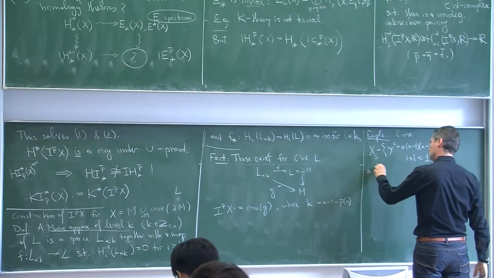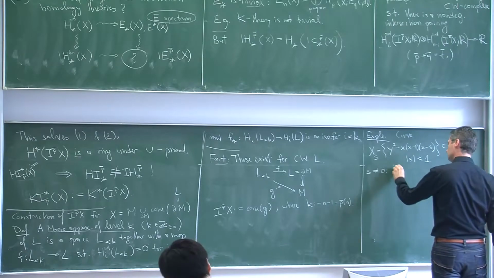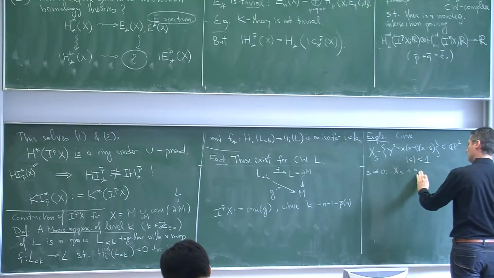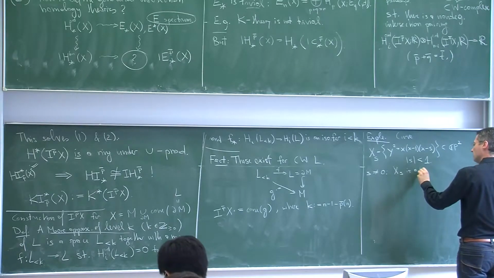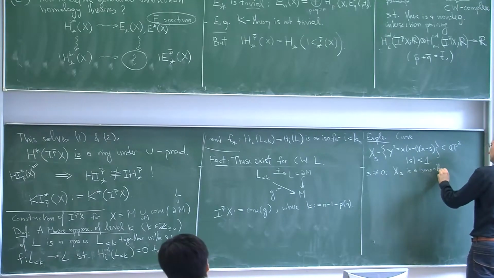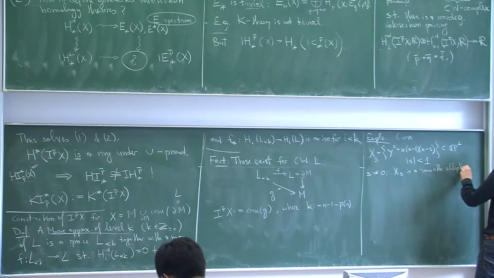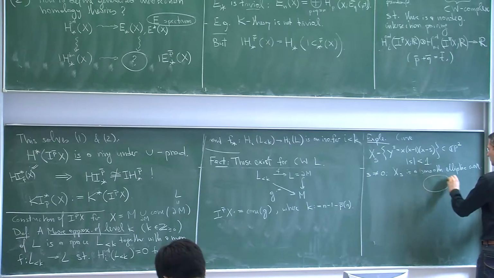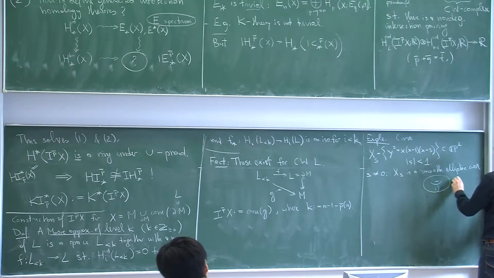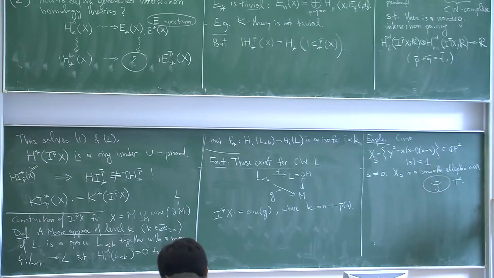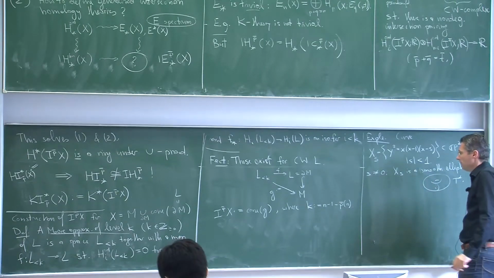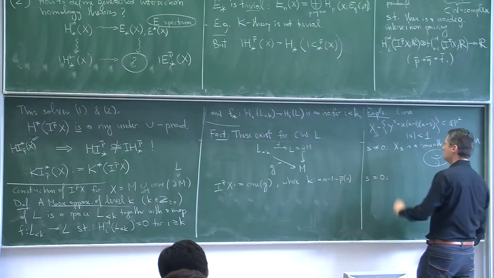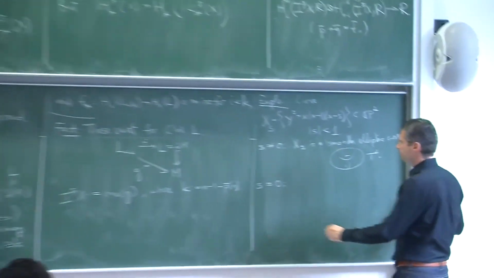When s is not 0, X_s is a smooth elliptic curve. So topologically, it looks like a torus T2. But when s becomes 0, it degenerates.